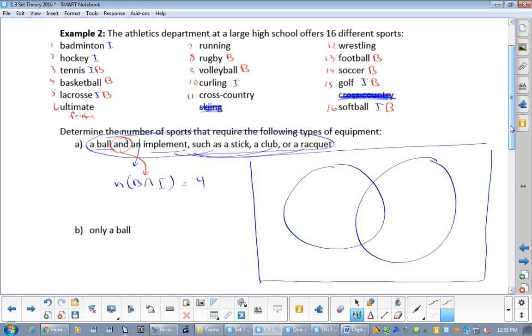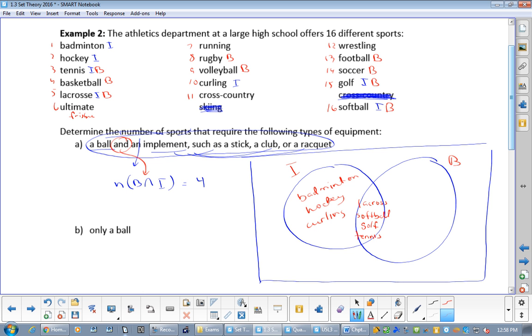Now, inside the intersection would be lacrosse, softball, golf, and tennis. Okay, let's call this the I side and this the B side. I's was badminton, hockey, and curling.